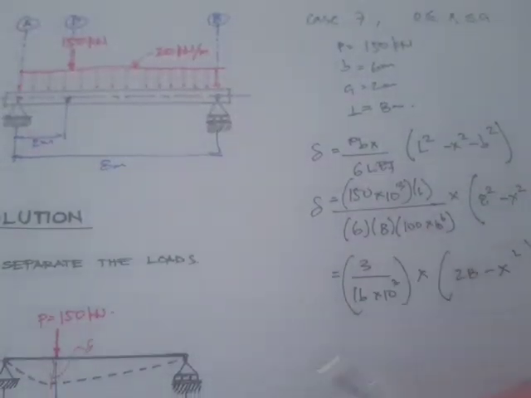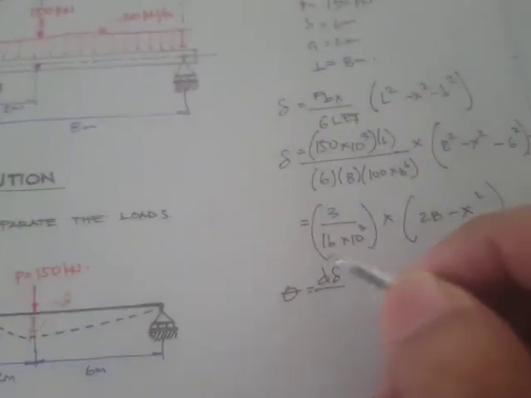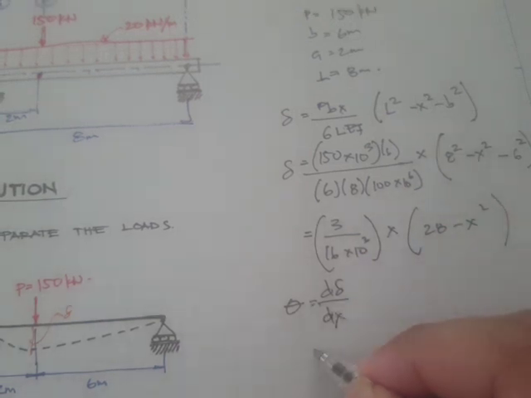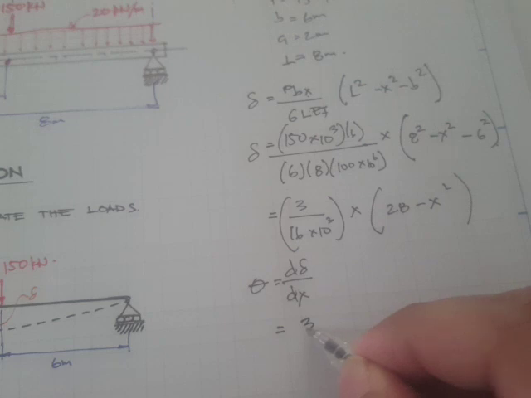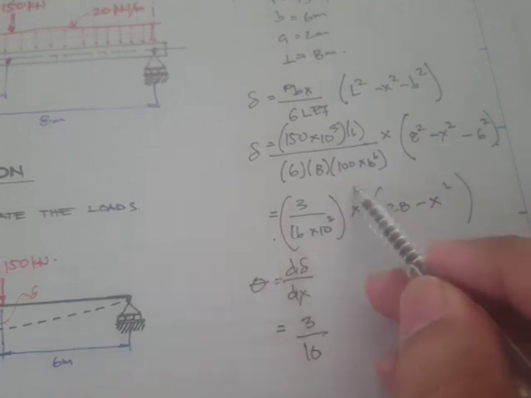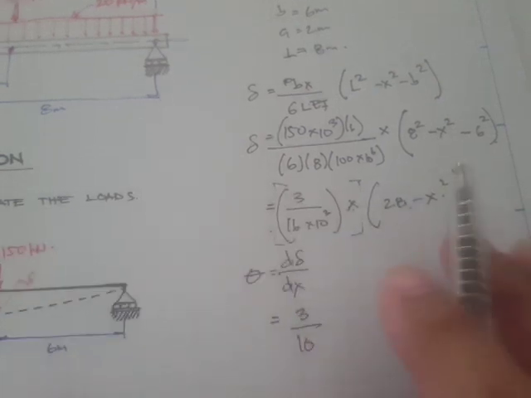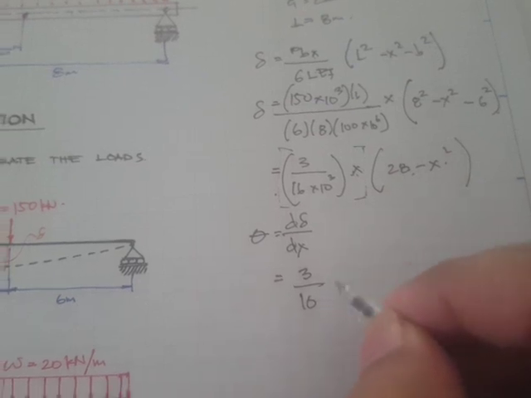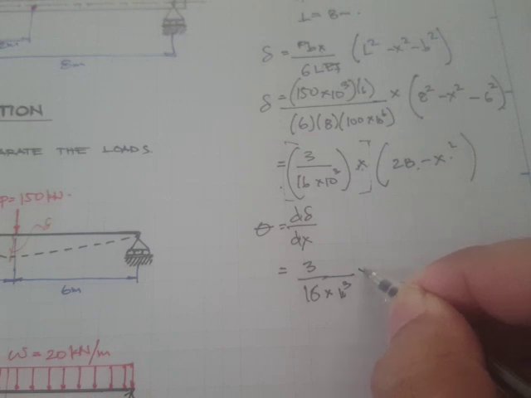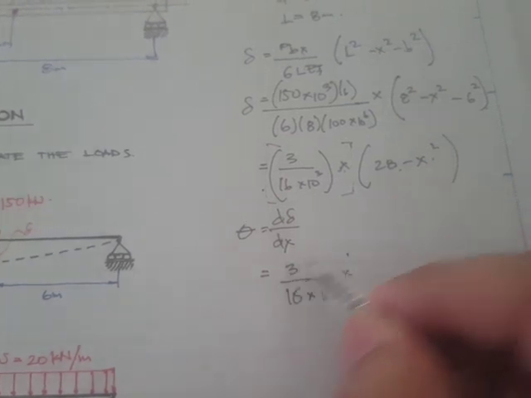So just recall that the slope is simply the first derivative of the deflection with respect to x, and if we do that, it's just a product rule, so you can include just these two terms right here. 16 times 10 to the 3 times x, or let me simplify.